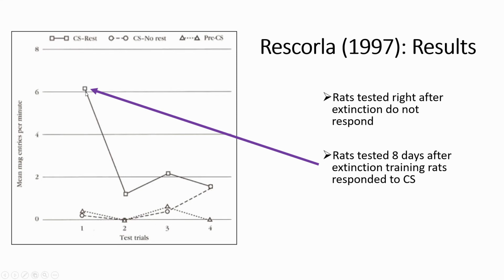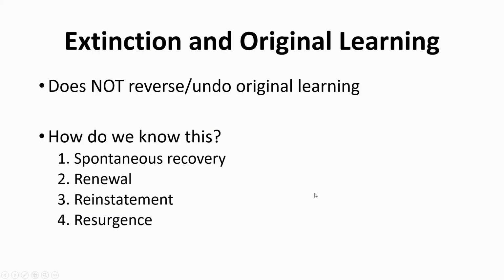But because we see this spontaneous recovery, we know that this group hasn't unlearned what happened. It hasn't unlearned what was acquired. They had just learned something new, that through extinction, the conditioned stimulus was at that moment no longer associated with getting food. But what they originally learned is still there behind the scenes. All right, so that's our spontaneous recovery.